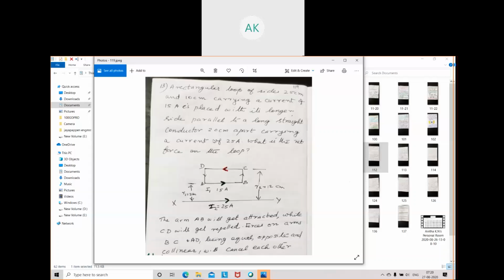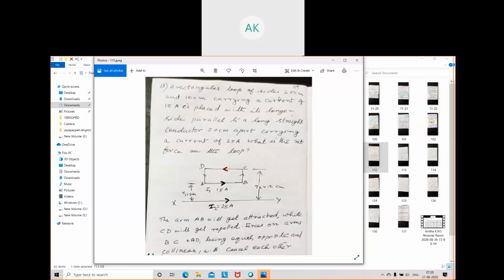So here you can see a long conductor. It carries a current of 25 ampere. Here you have to draw the figure. It is not mentioned as shown in a figure, so you have to draw it. A rectangular loop of side 25 centimeter and 10 centimeter.